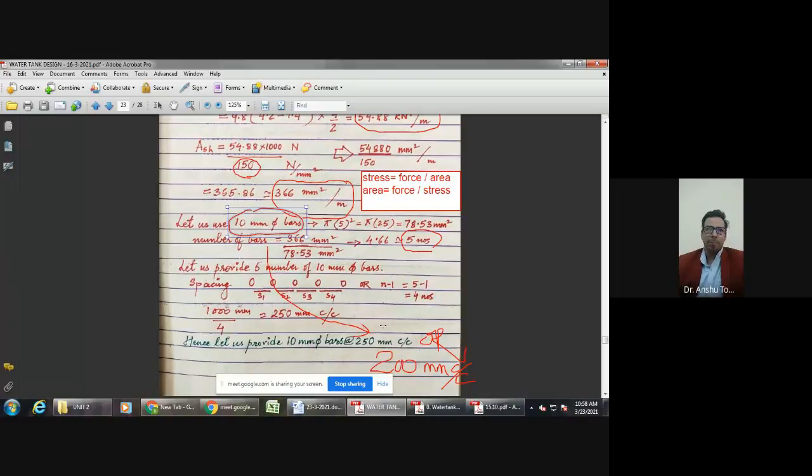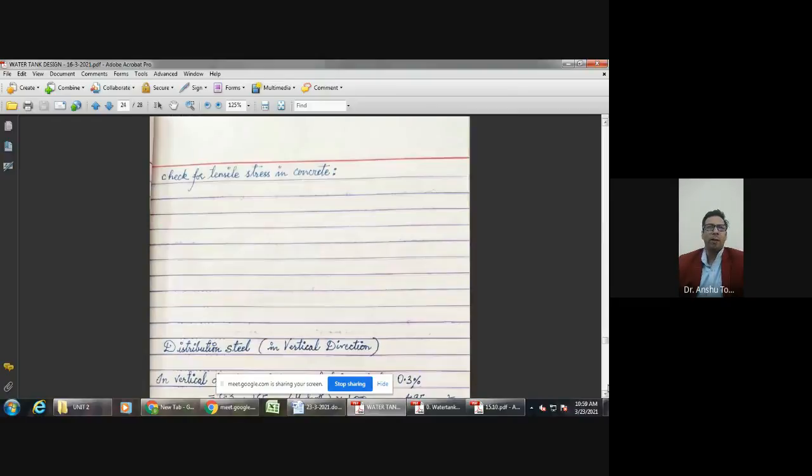It is not unsafe. The permissible stress will reduce further. Always remember, the design can be uneconomical, but it cannot be unsafe unless you have provided double the reinforcement.